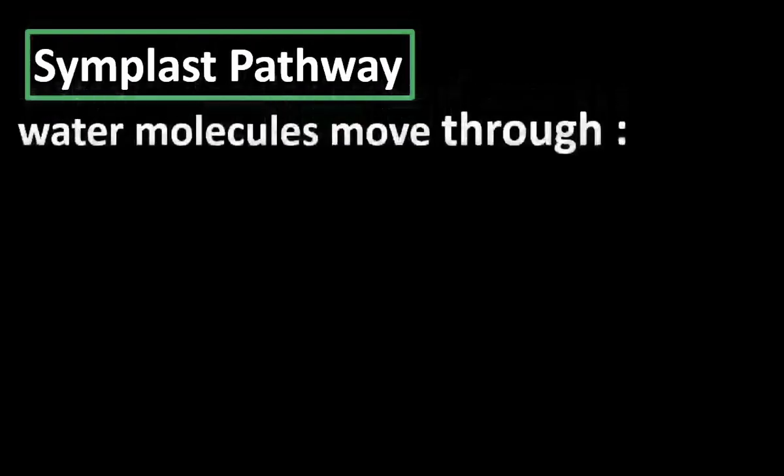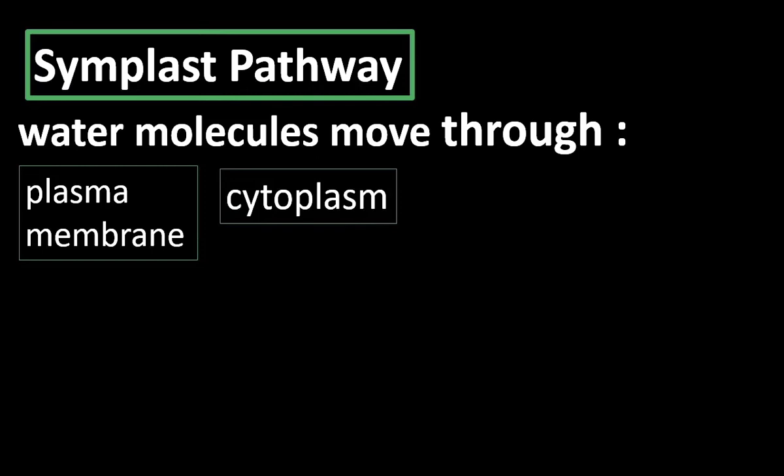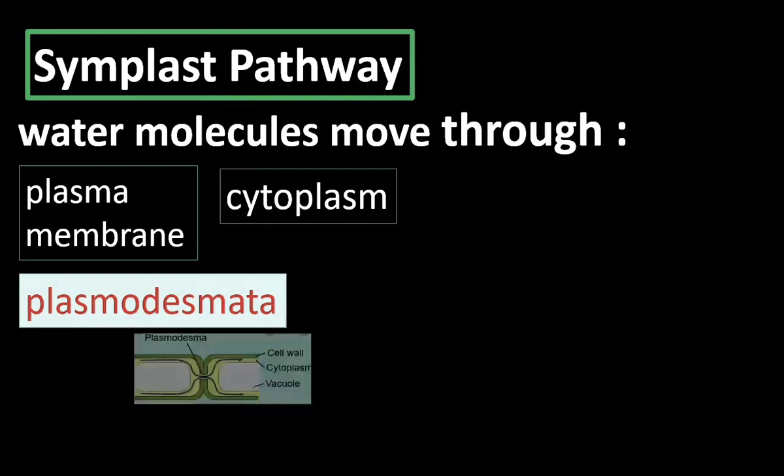Let us move on to the Symplast pathway. In this pathway, water molecules move through the plasma membrane. Water molecules cross the plasma membrane and enter into the cytoplasm. From the cytoplasm of one cell, the water molecules move to the cytoplasm of the nearby cell through plasmodesmata.